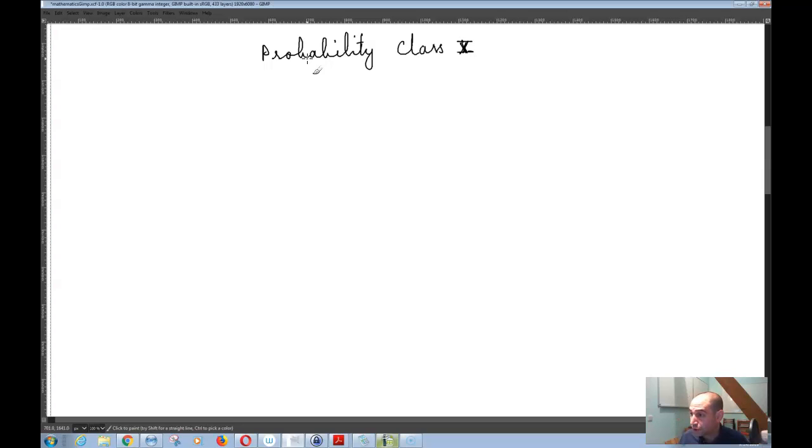So to start, as an introduction, it says that in class 9 you have studied about experimental or empirical probabilities of events which were based on the results of actual experiments. As you remember, whatever we did in class 9 was based on, for example, tossing a coin or throwing a dice.